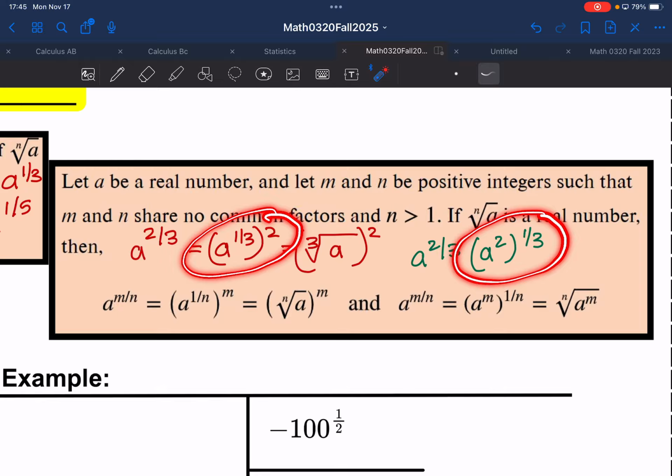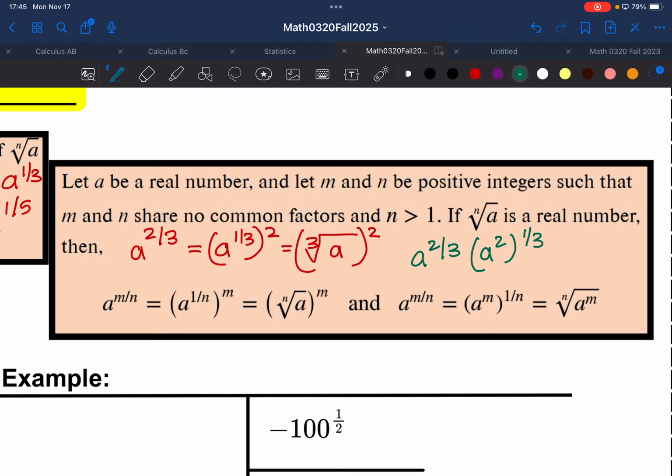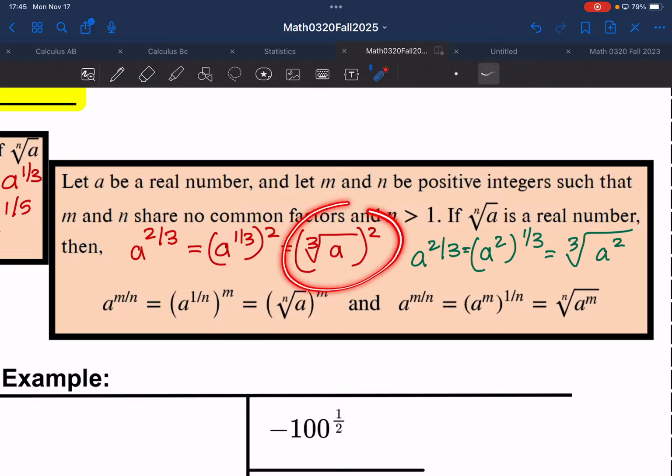For the first one, the one I wrote in red, we're doing the cube root, then we're squaring. The one I wrote in green, we're squaring, then doing the nth root. Since we're talking about exponents, the order doesn't matter, almost like in multiplication. So this is the same as the cube root of a squared. Both of these are two ways to say the same thing.